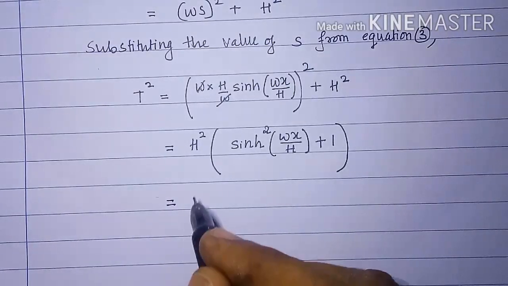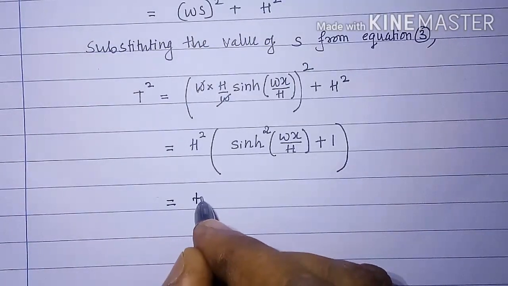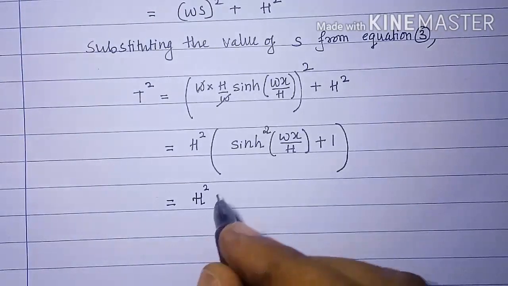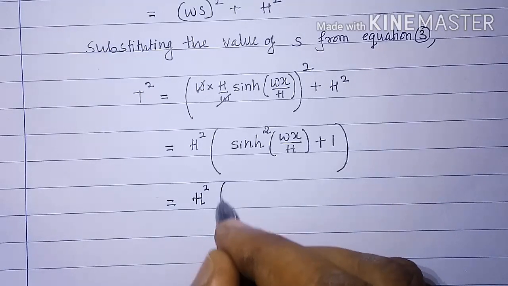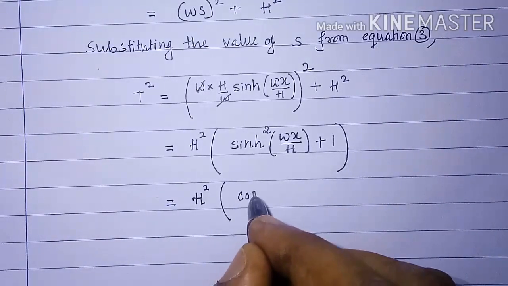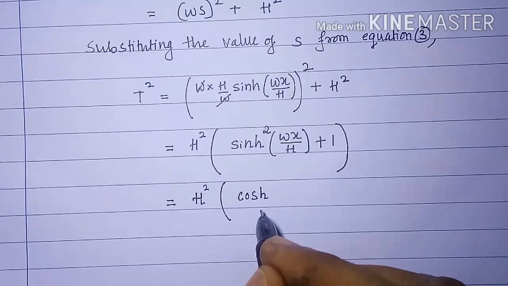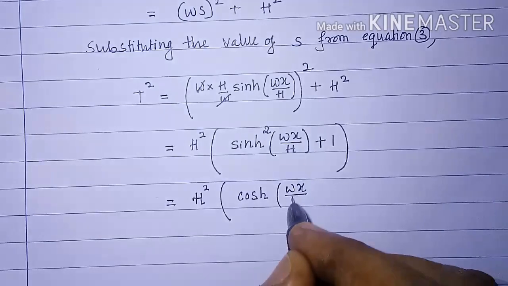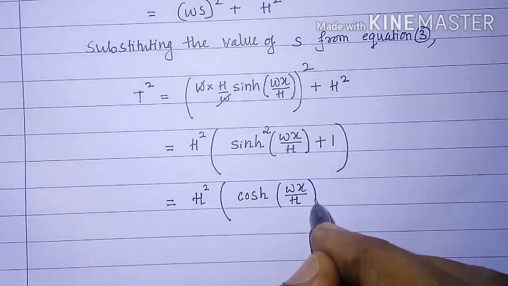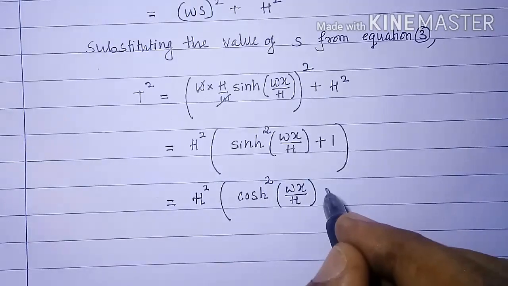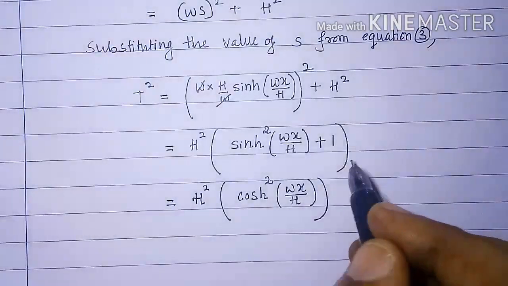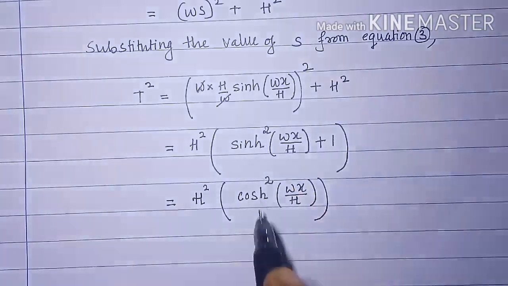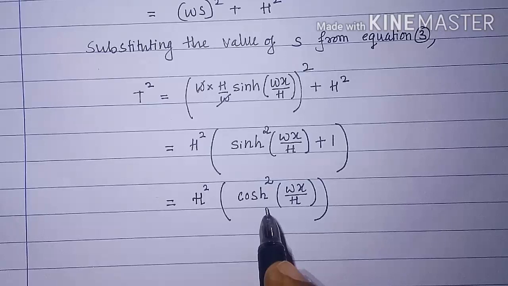That is equal to h square into the bracket cos h of wx upon h, squared, since 1 plus sine of hyperbolic function squared is equal to cos of hyperbolic function squared.